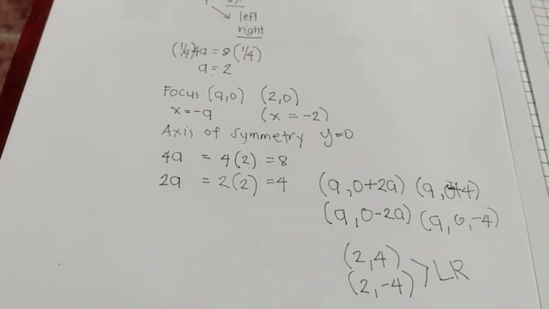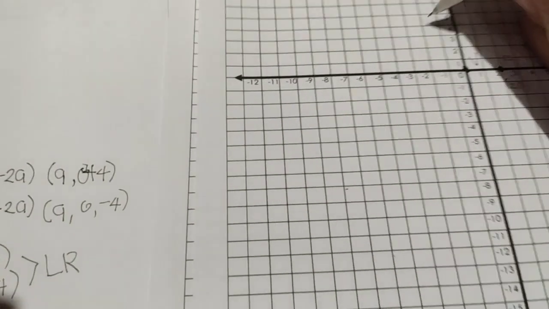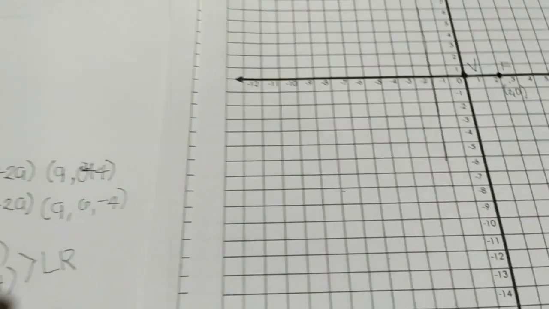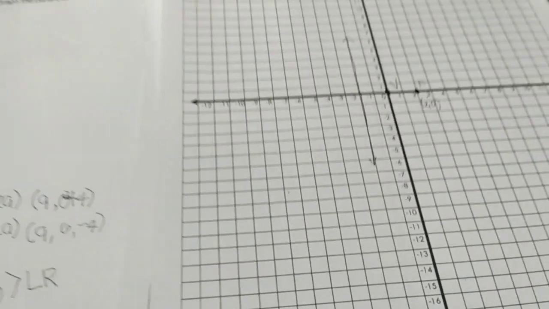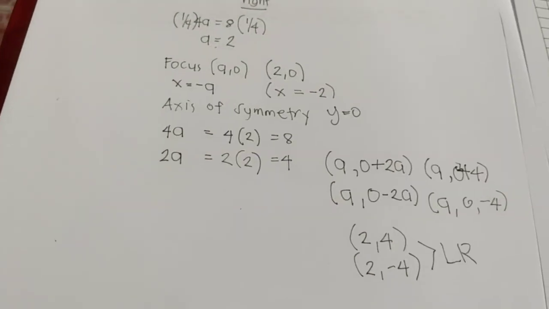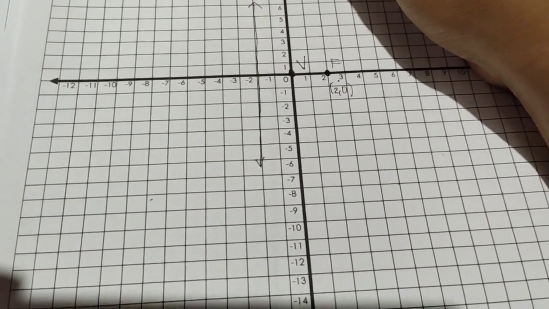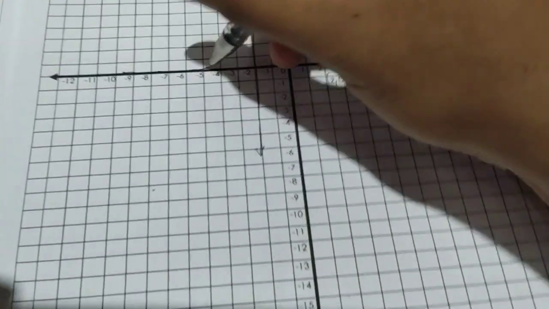And then the line of the directrix is x equals negative 2. And then the axis of symmetry is y equals 0. So this is the axis of symmetry.